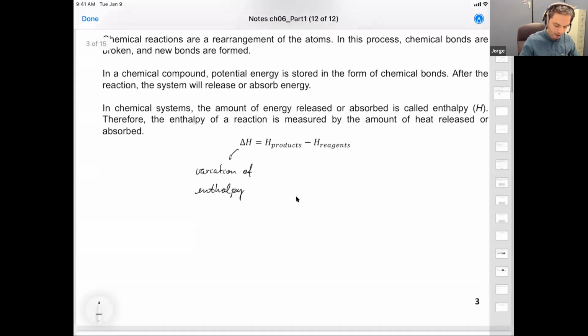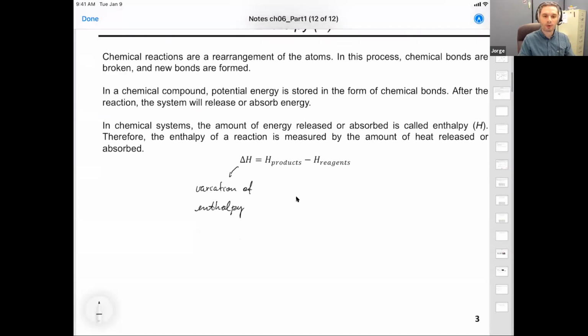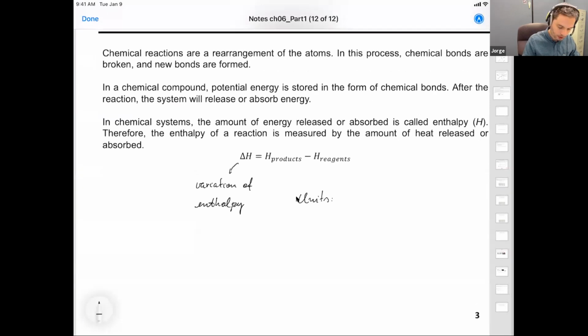Again here, units. We are working with energy. The unit for energy in the international system is joule.